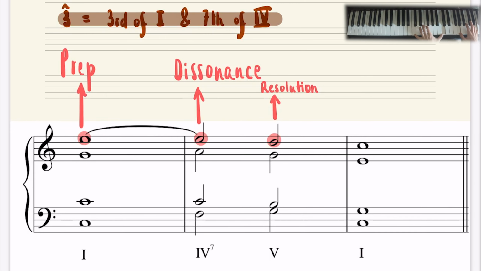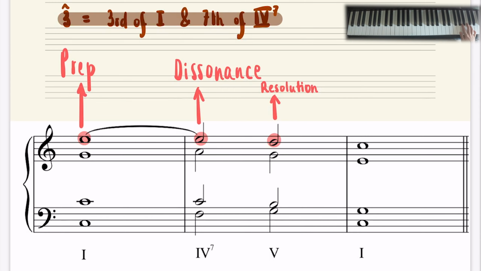So in the soprano of the tonic I have an E, which is the third of that chord, and then that same E remains in the same voice but becomes the dissonant seventh of that 4-7 chord. Also, notice that that seventh resolves down a step. The soprano goes from E down to D in the following chord 5.